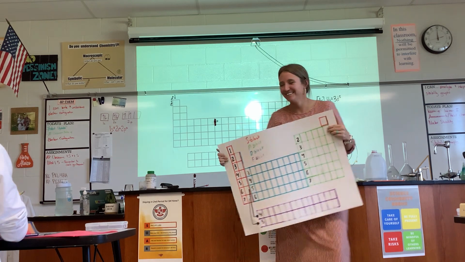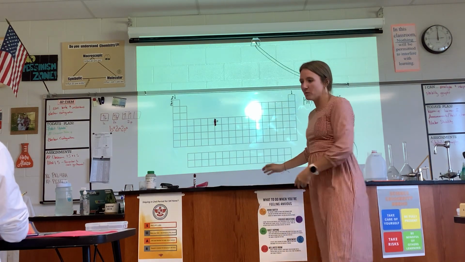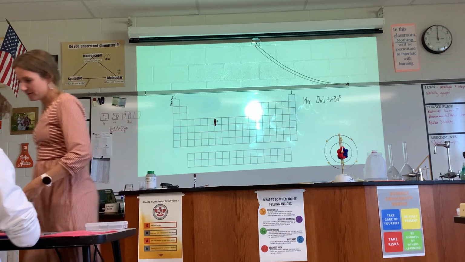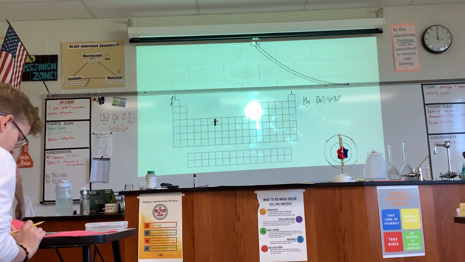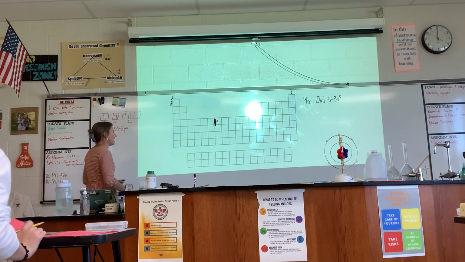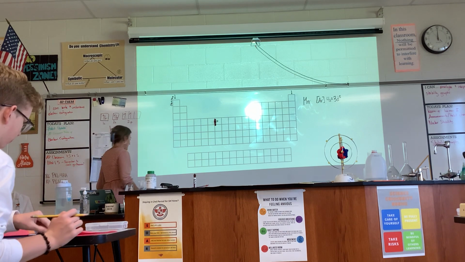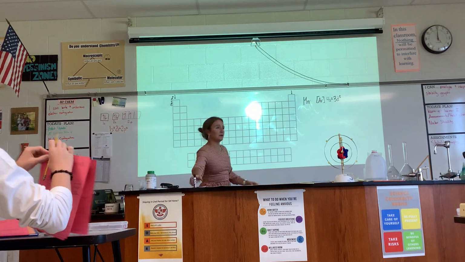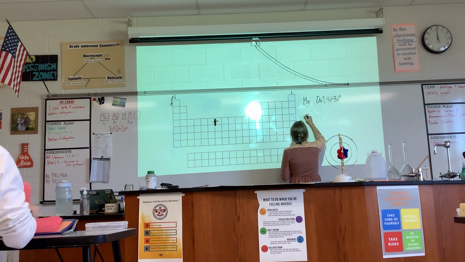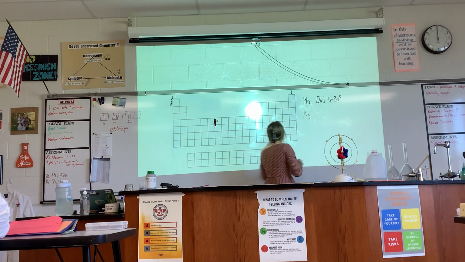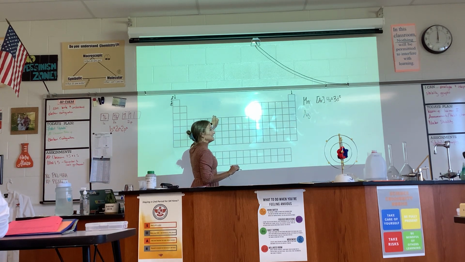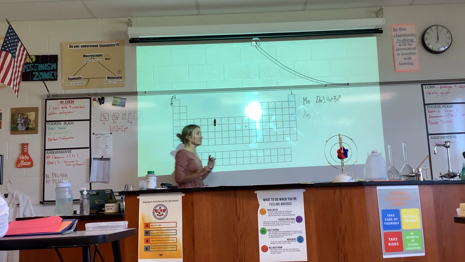Yeah. Okay. What's the next one on our list? Silver. Let's do silver as a shortcut, just to practice it, and then I want to get down to the f block. So Ag is here.